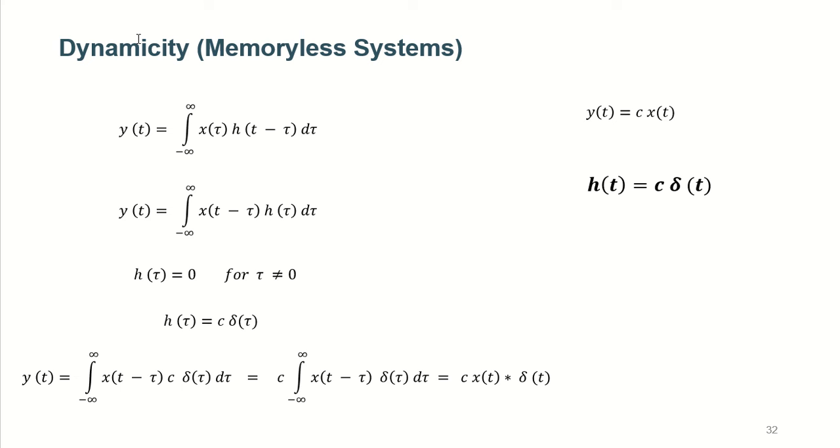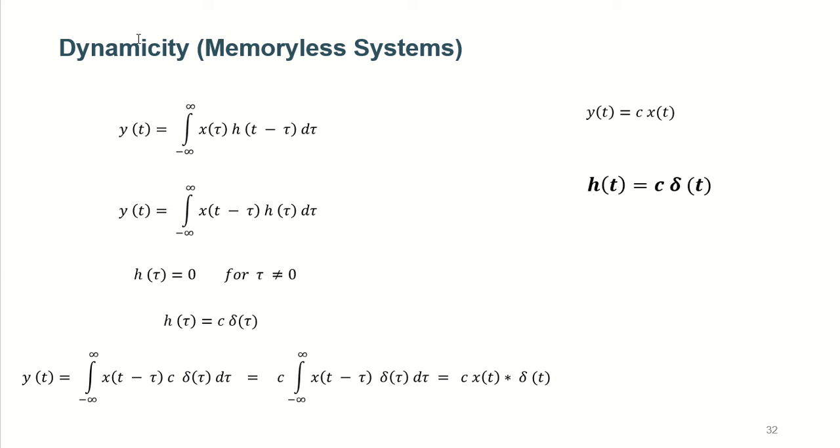So what is the condition for a system to be a static system? The condition is, if the present output of my system depends only on the present input of my system, then only my system will be considered a static or memoryless system.